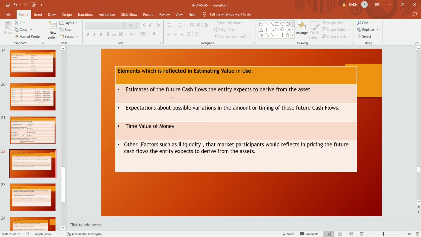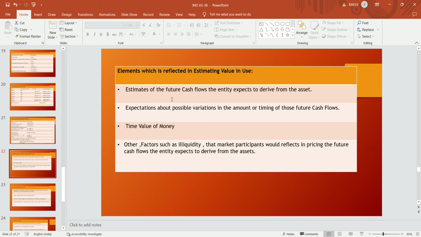Expectation about possible variation in the amount or timing of those future cash flows. What does variation mean? What is the probability that the company will derive these amounts? Like in the first 3 years of the asset, the company will derive more cash flows.